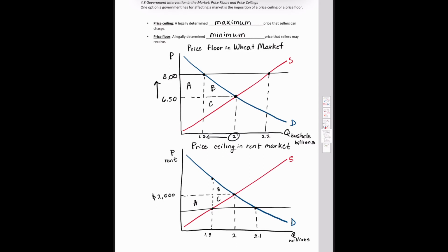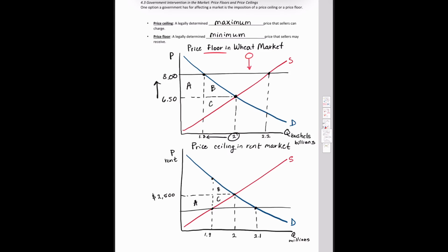The biggest thing I want you to remember when looking at whether something is a price floor or price ceiling is this. If it is a price floor, I want you to think about a bowling ball. A bowling ball that falls to the floor.